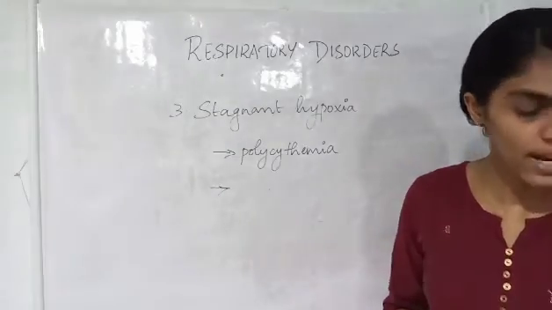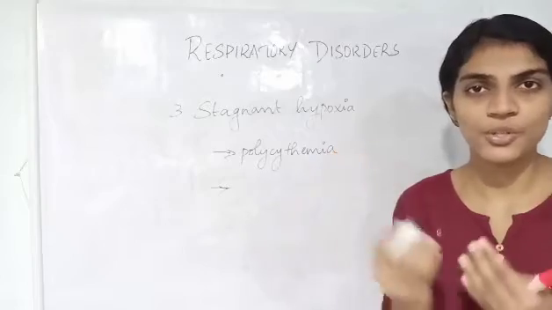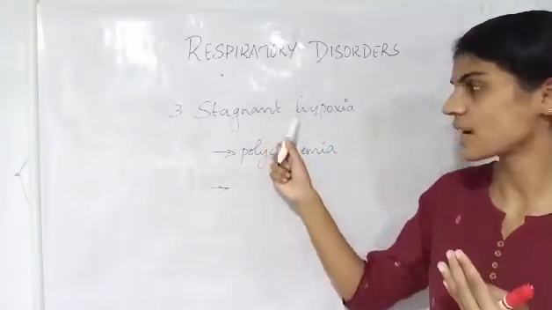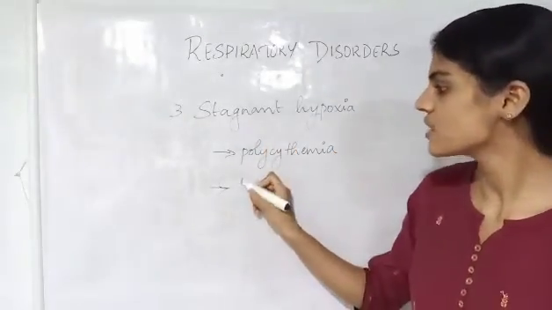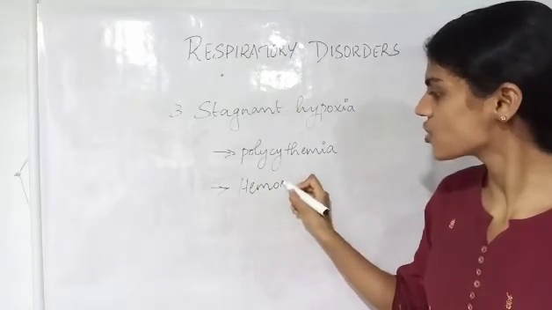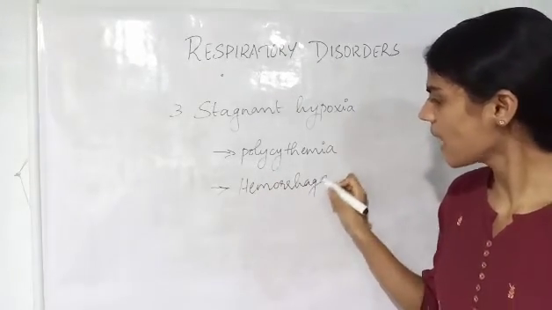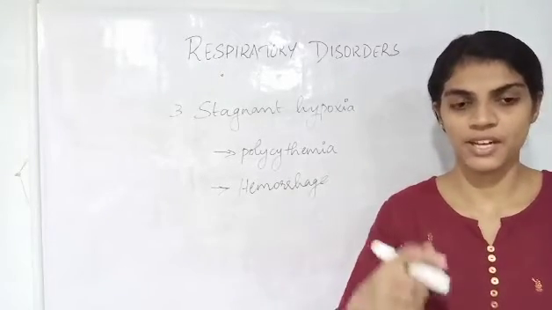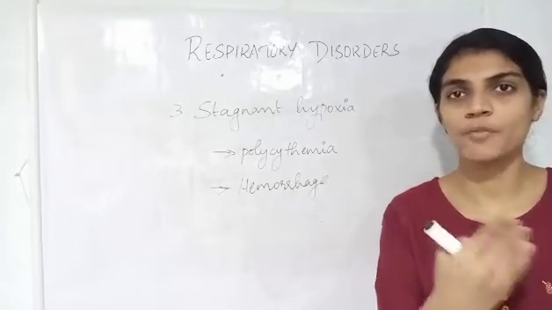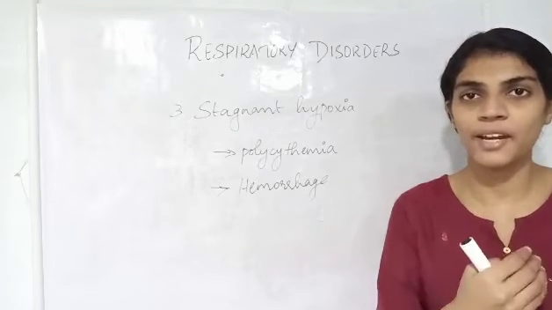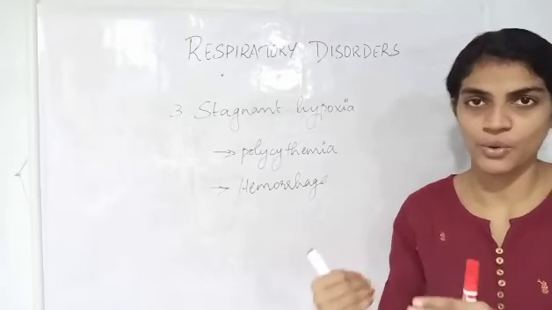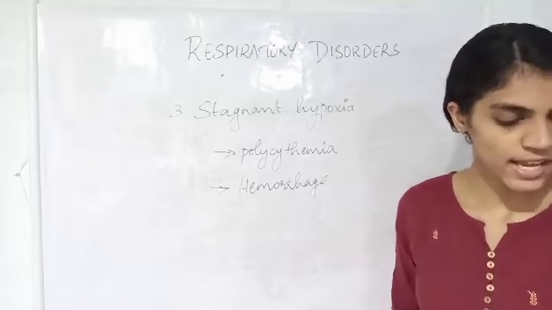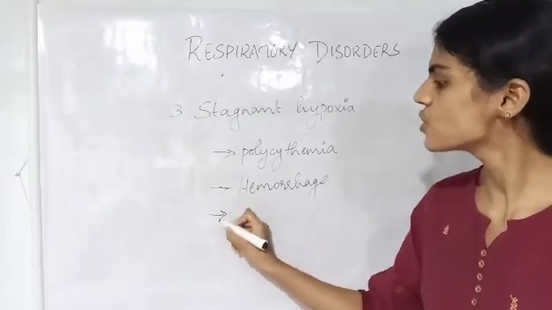And certain other conditions also by which this stagnant hypoxia can occur, that is hemorrhage. Hemorrhage is known as bleeding. If the person is having bleeding, that means loss of blood. What happens? The remaining blood will move very slowly. And next one is vasospasm.